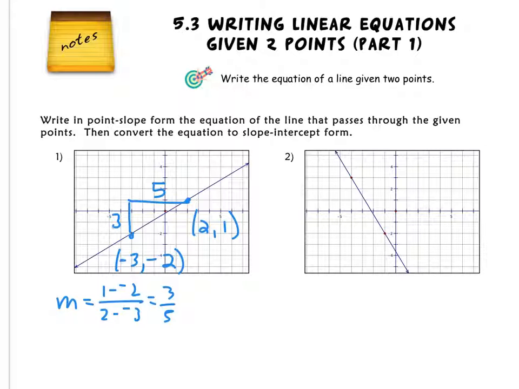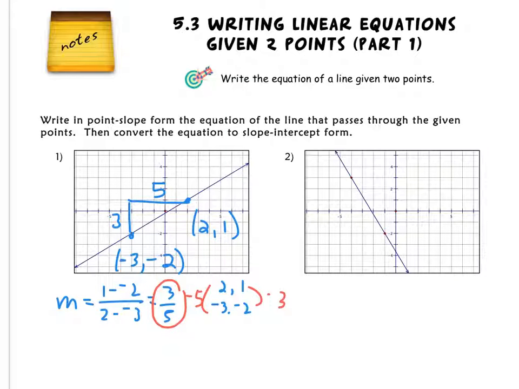Lastly, you can put your points in the form of a chart. Then from there, notice that it is going down 3, and down 3 over, and down 3 and over -5 is a 3 over 5. In the end, however you do it, you have to be able to find the slope.